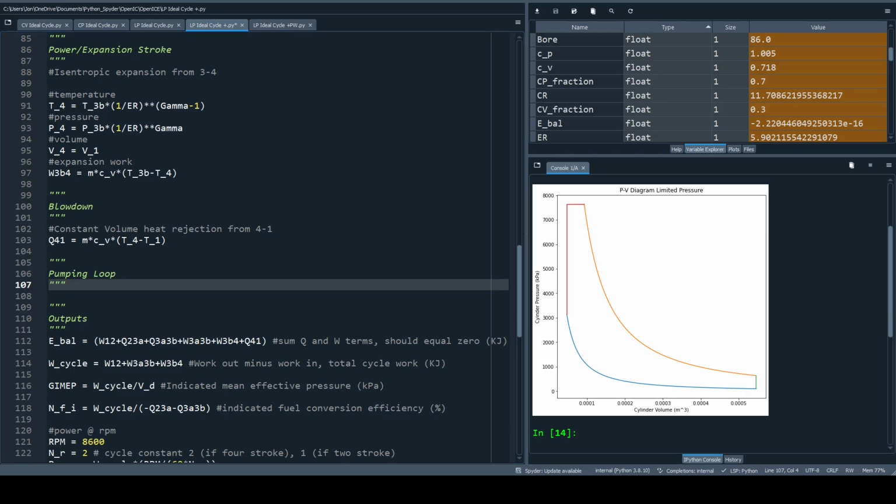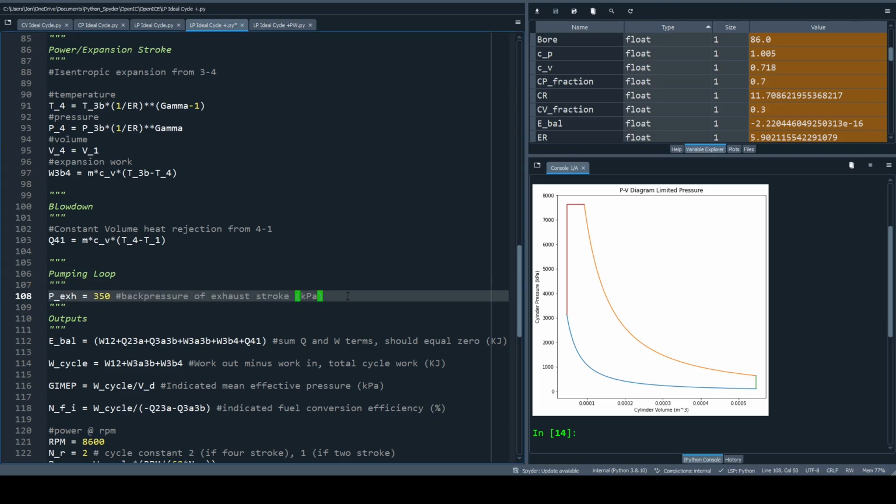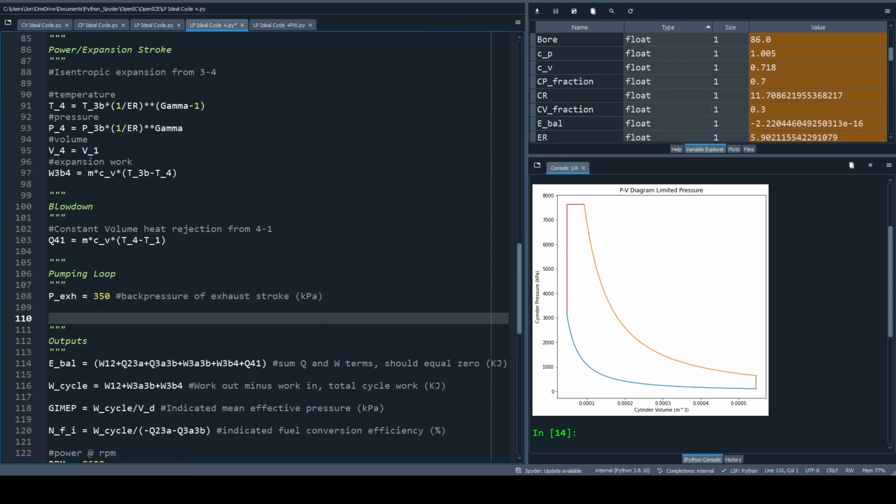And we need two primary things for this. The first that we need is an exhaust pressure. This is going to be 350 kPa, about 1.5 atmospheres above what atmospheric pressure already is. This is going to basically simulate the restriction and back pressure of the exhaust trying to be forced out of the exhaust valve, the port, any manifold, or mufflers, catalytic converters, anything you have in the exhaust system.